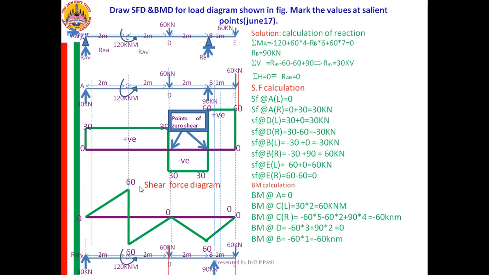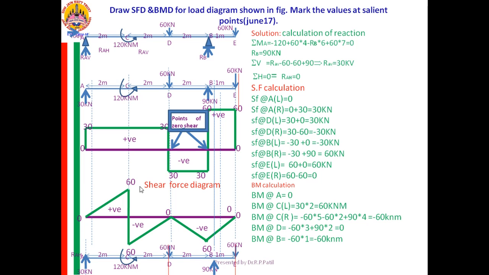Now coming to BM, whatever is there in SF, one higher order will be in BM. It is parallel in SF, inclined in BM. If it is inclined in SF, parabola in BM. If parabola in SF, cubic curve in BM, like that. This completes the bending moment diagram.